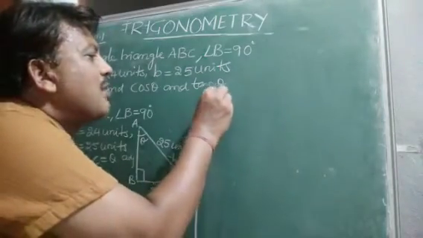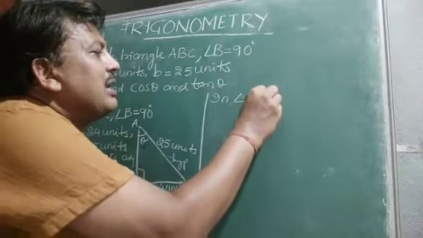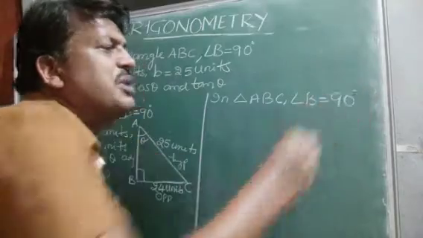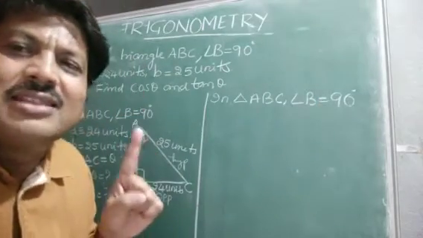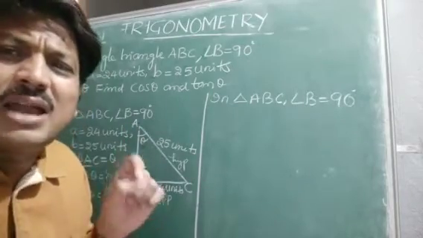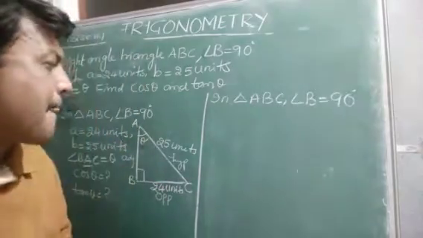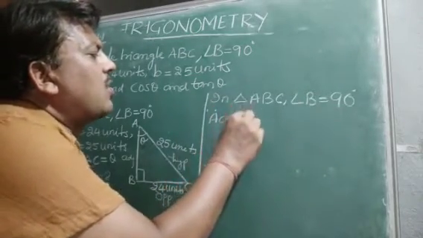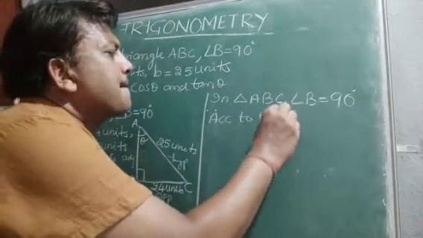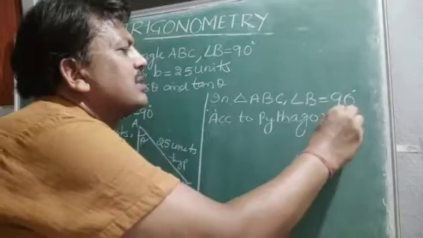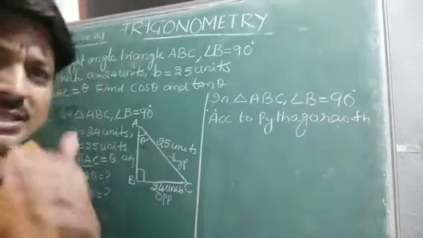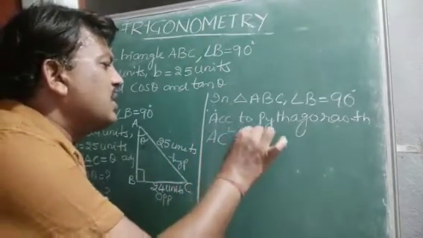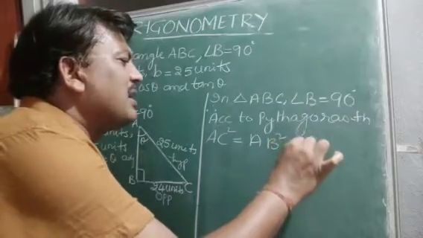How can you find it? I am writing, in triangle ABC, angle B is equal to 90. Why do I always write this? Because if one of the angles is 90, that is a right angle triangle, only then is Pythagoras theorem applicable, children. So according to Pythagoras theorem, hypotenuse, that is AC square, is equal to AB square plus BC square.